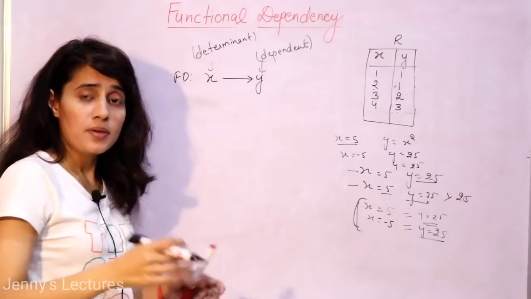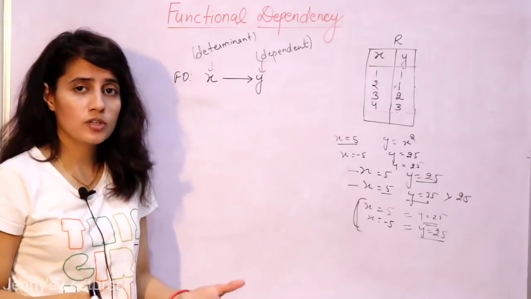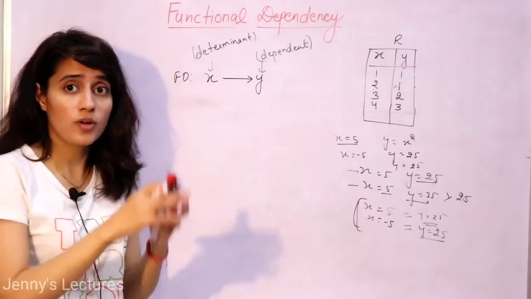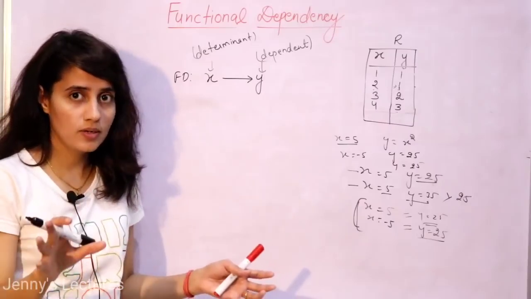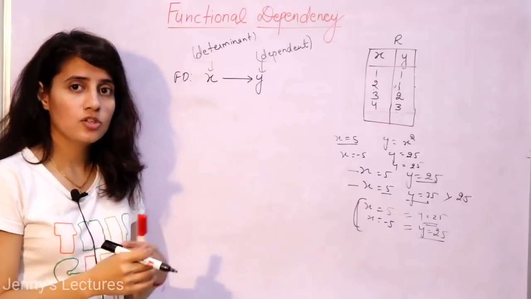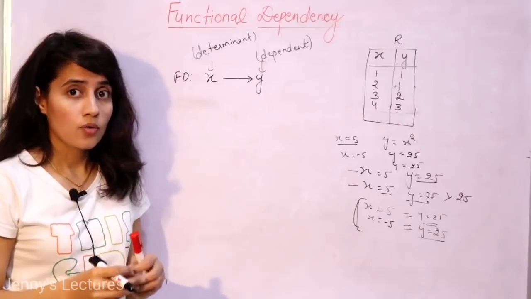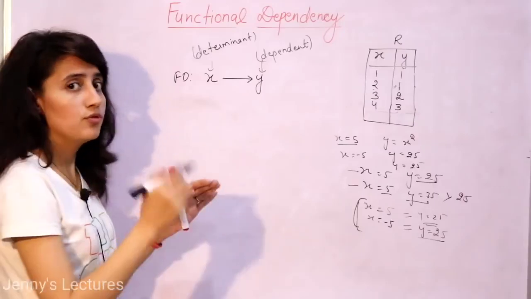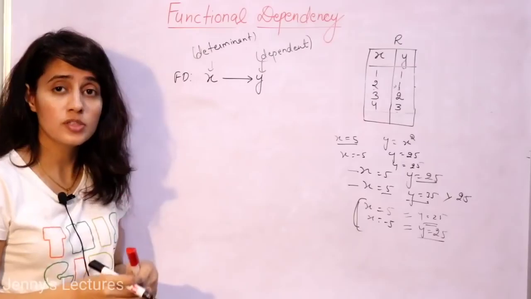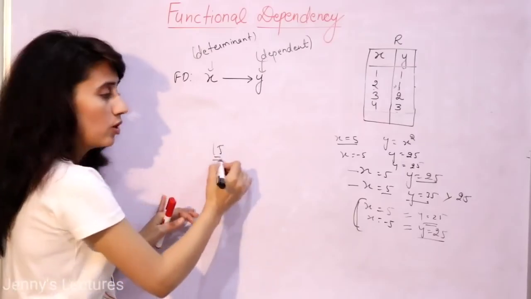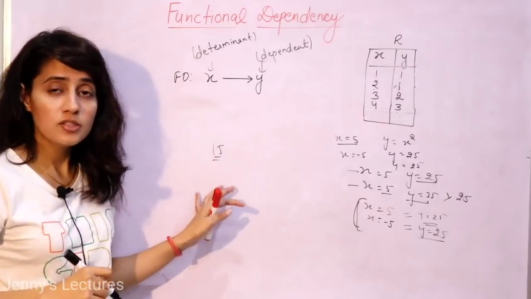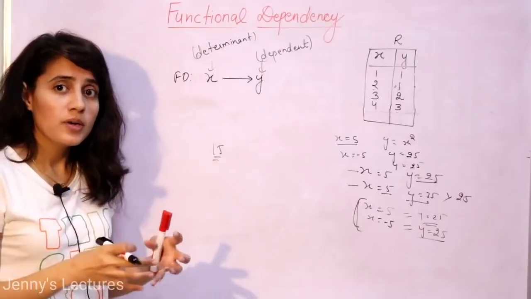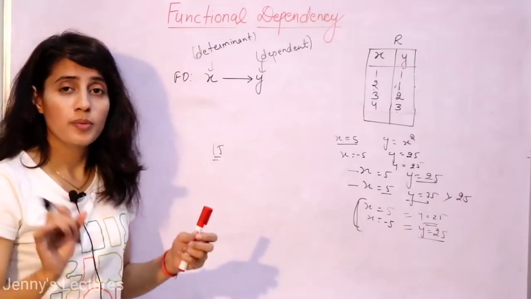Same example: in my class I have 60 students, and obviously the roll number of every student is different, right? For unique identification, roll number is there. Now if I say roll number 15, tell me your name, then obviously only one student is having roll number 15, right? Means with the help of roll number I can determine each student of my class.